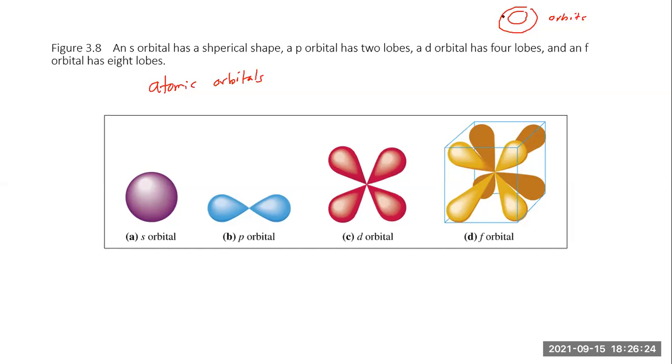In this quantum mechanical model, which we're not going into giant detail about, we move away from the idea of orbits to the idea that electrons are moving around in a pretty random pattern, but are thought to be housed in what are referred to as atomic orbitals. And there are a few different types of atomic orbitals that we see here.